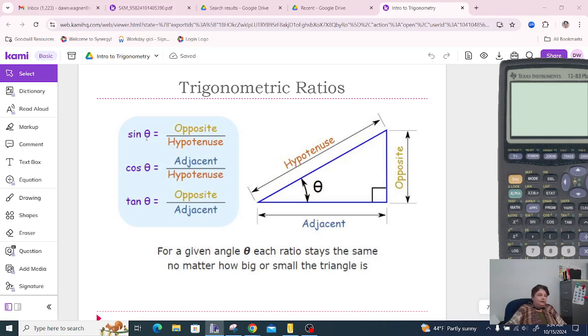Theta is a Greek letter that's used for angles. So sine of theta, or X, equals opposite over hypotenuse. Cosine theta equals adjacent over hypotenuse. Tangent theta equals opposite over adjacent.